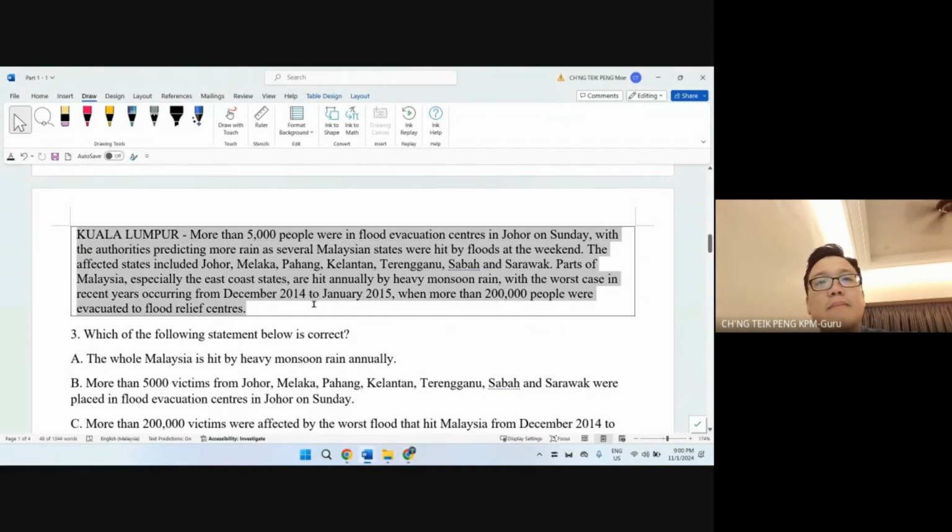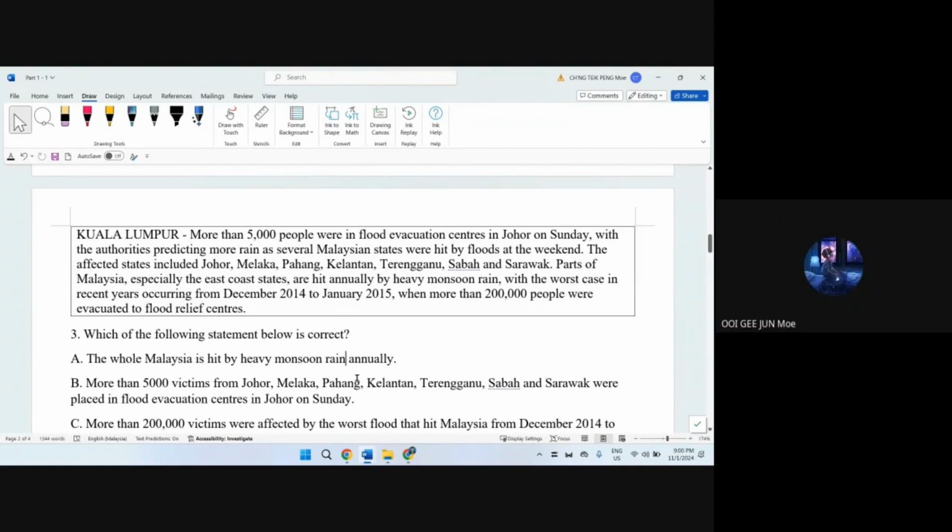Kuala Lumpur. More than 5,000 people were in flood evacuation centers in Johor on Sunday, with the authorities predicting more rain as several Malaysian states were hit by floods at the weekend. The affected states include Johor, Melaka, Pahang, Kelantan, Terengganu, Sabah, and Sarawak.